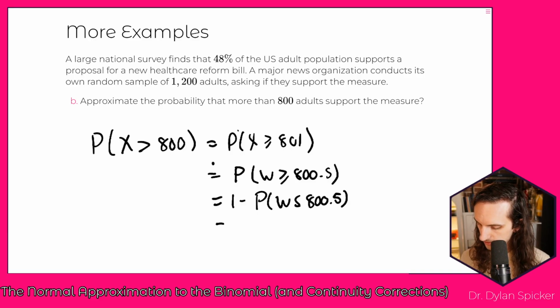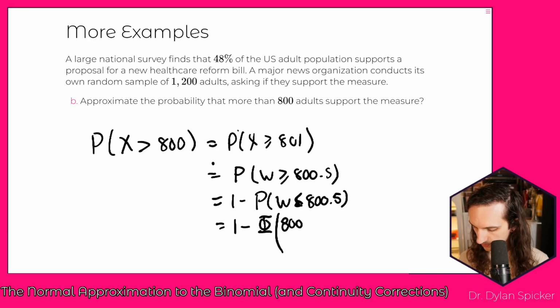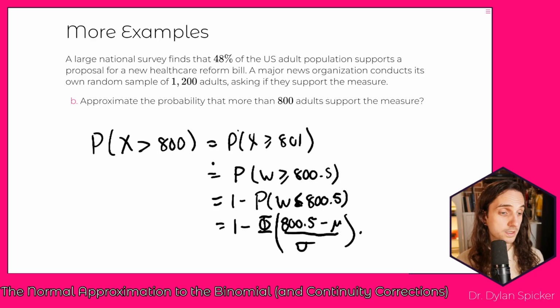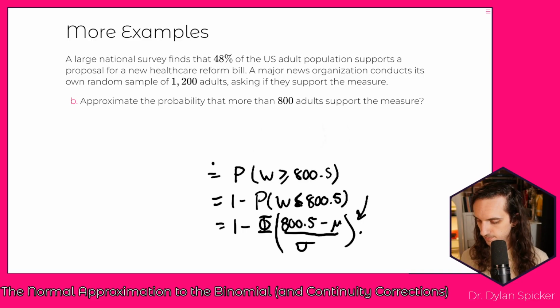Okay, and then this we can use our standardization techniques, right? And so then by subtracting off the mean, dividing by the standard deviation, that's going to end up in a normal probability here, right? And so then that's going to be 800.5 minus the mean divided by the standard deviation. Okay, we can plug this in to say p-norm, and we can get our response there.